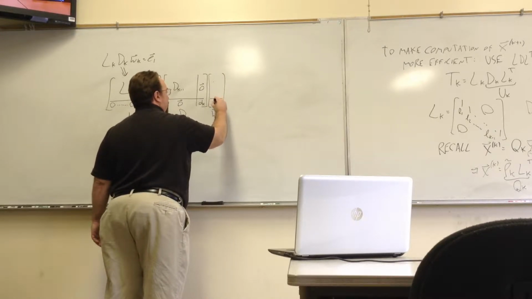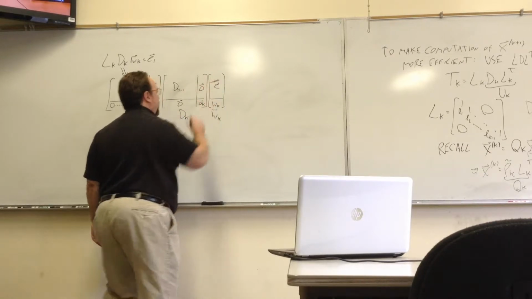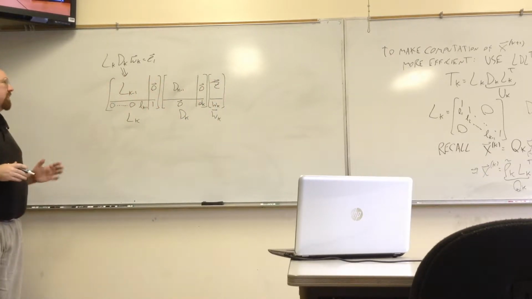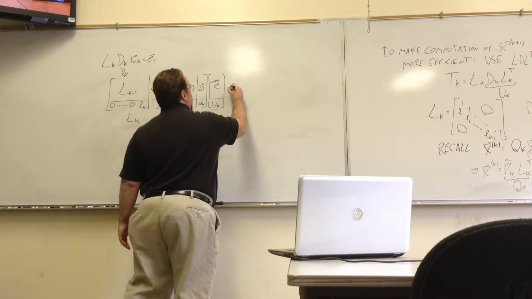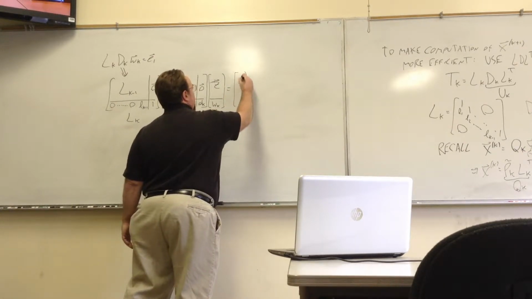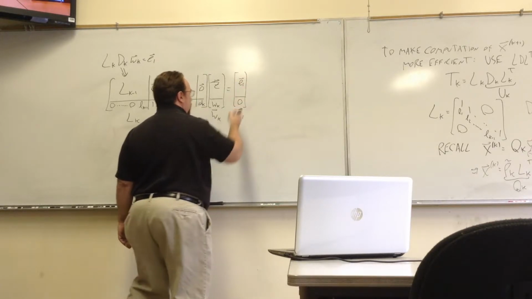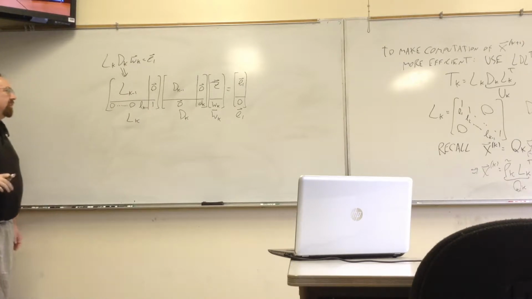I have the component WK down here, and I don't know what I have in here just yet, so I'm just going to call this Z. I got to figure out what that is. And this is equal to E1, but E1 is just E1 in a lower dimensional space, and then the last component of that is 0. So I'm seeing what is the relationship between case k minus 1 and iteration k.